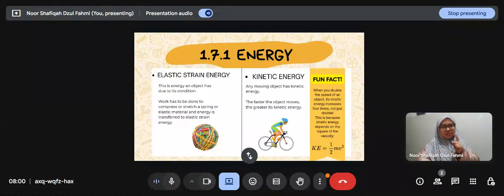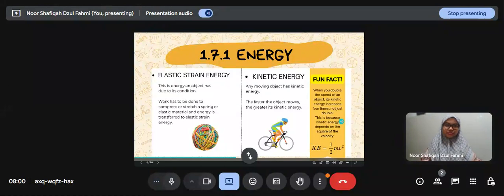No, actually, there is a formula for kinetic energy: kinetic energy is equal to half of mv squared. M is the mass, v is its velocity, and we know from this equation that when you double the speed, the kinetic energy will increase by 4 times, due to the use of the formula over here.